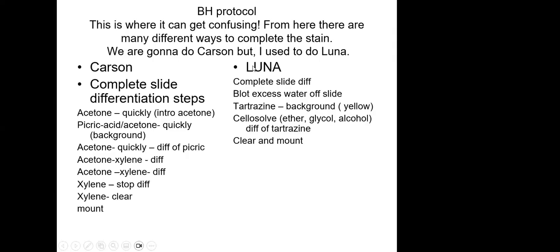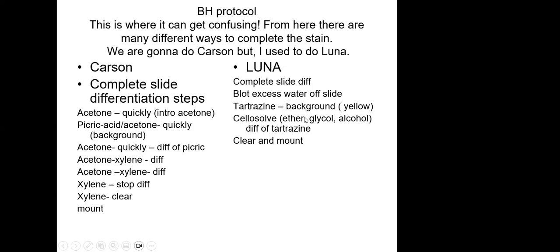We switched over from the brown and Brenn to the brown and Hopps because of this guy, the tartrazine. The tartrazine actually gave us our yellow background color. And then the Cellosolve was the differentiation of that tartrazine.